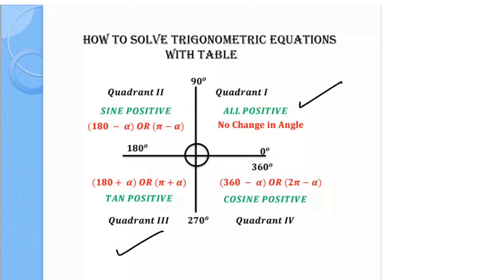So now for first quadrant there is no change in angle, that means our alpha would be equals to x. But in the third quadrant we will find the value of x by adding the alpha into pi. So now we will apply this formula over there.